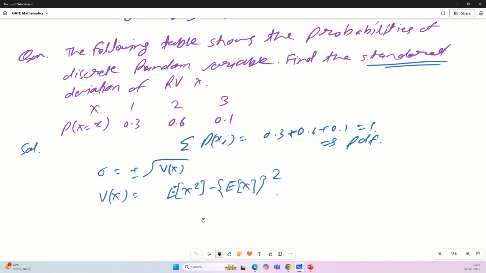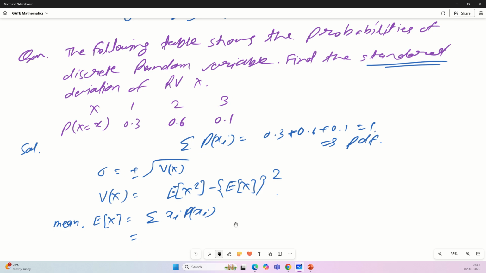You already know expectation of x, which is also called the mean, and it is equal to summation xi into p of xi. Here xi is 1, 2, 3, and p of xi are the corresponding probabilities.